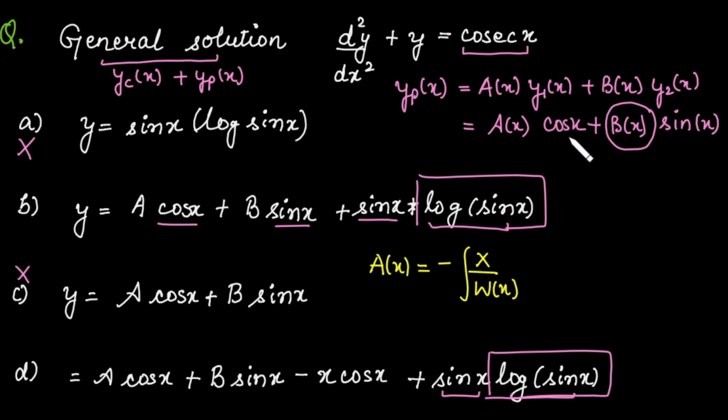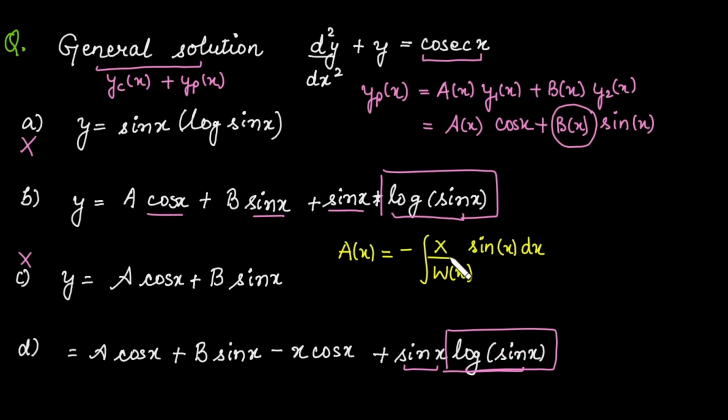but rather than taking the cos x function, we take sin of x. Now what is the x? X is the right hand side term divided by 1, that is equal to minus cosecant of x divided by the Wronskian. If this is the y1 function and this is the y2 function, what is the Wronskian in this case? Calculate that.